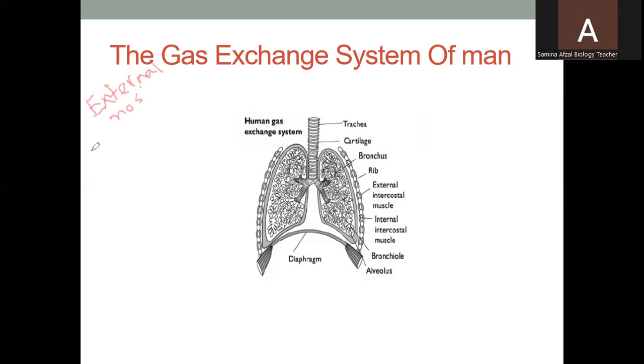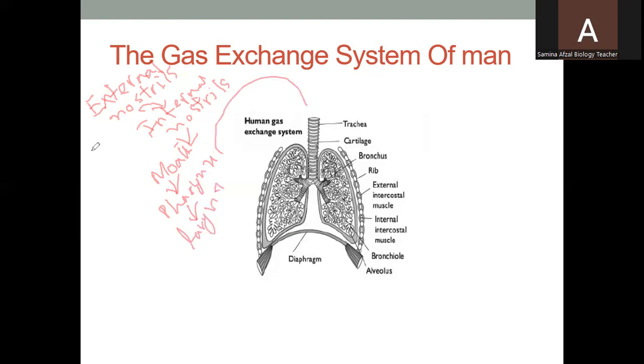Air enters through external nostrils, then internal nostrils, and then air enters into the mouth, and from the mouth to the pharynx, larynx, and then enters into the trachea.